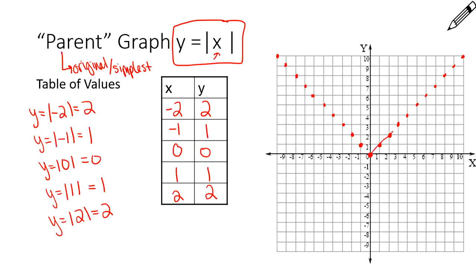So we could keep plugging in multiple numbers to find that this is what it's going to look like. It's going to be a big V with the vertex or the minimum, that minimum value, at the origin, (0, 0). And then it's going to go diagonally to the right, up 1 and to the right 1, and diagonally to the left, up 1 and to the left 1. So this is the parent function for the absolute value.